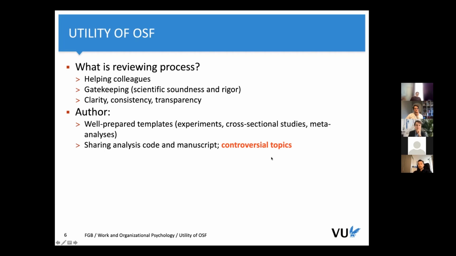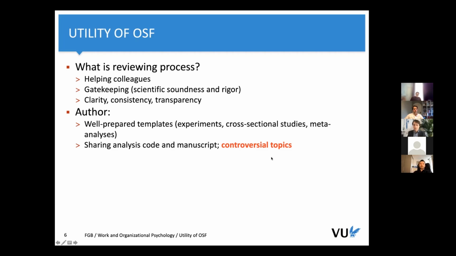Another benefit of using OSF, since people know it's open and you can share materials and OSF displays that nicely, is when, for instance, I conduct research related to controversial topics. Like, for instance, I study potential consequences of video games, and it's a super controversial topic in psychology because there are like two groups of people.